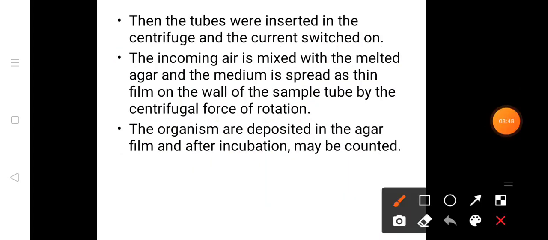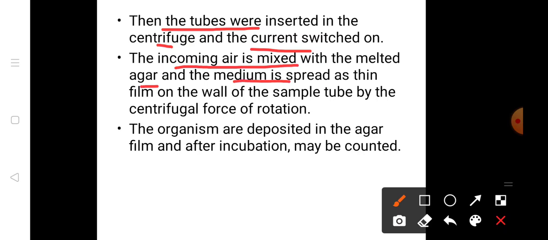Then the tubes were inserted into the centrifuge and the current switched on. After adding the melted agar or nutrient broth, he inserted the centrifuge tubes into the centrifuge and switched on the instrument. The incoming air is mixed with the melted agar or nutrient broth.